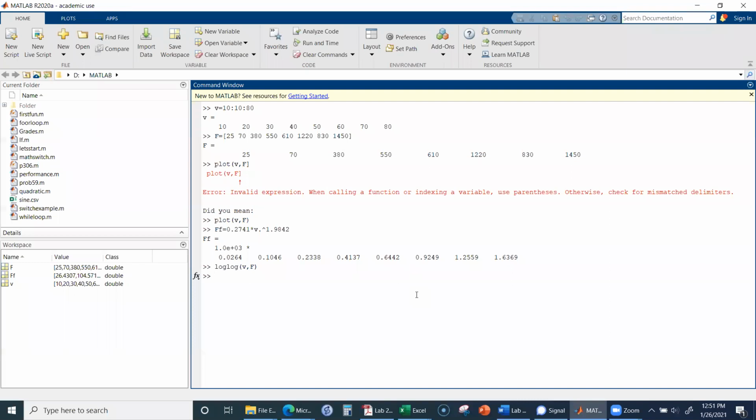So in this case, the log plot should be a straight line. I think there is some mistake which I have encountered over here.